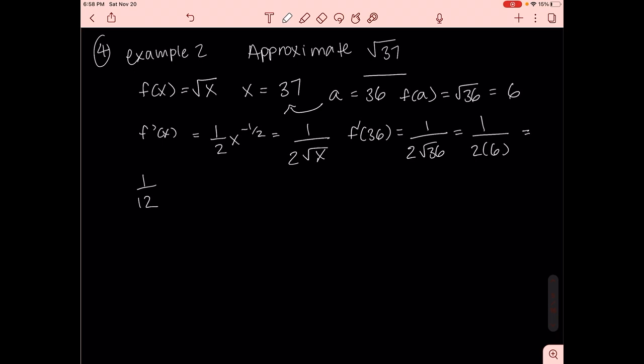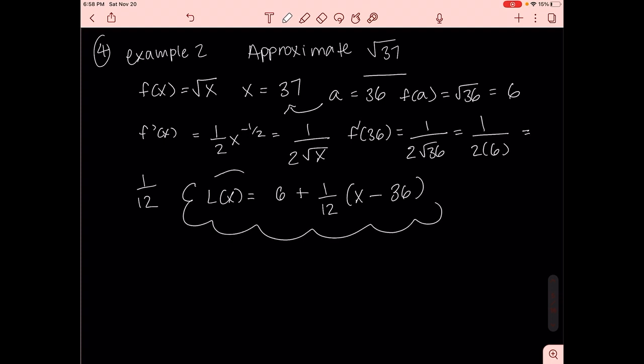And so we can just plug these values into our linearization formula. So we get L of x is equal to f of a, which is 6, plus f prime of a, which is 1 over 12, times x minus a, which is 36. Okay.